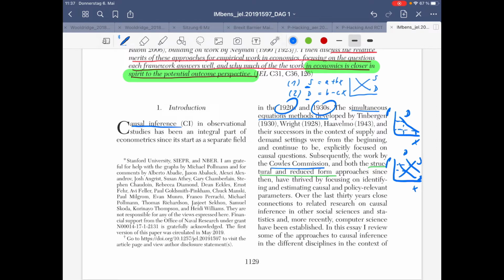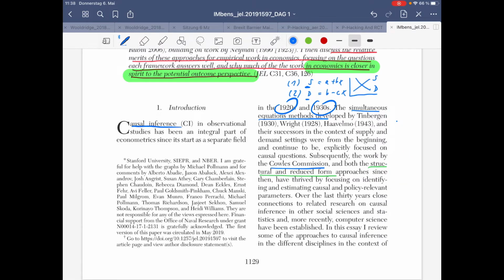And this goes back to the 20s and the 30s of the last century, simultaneous equations methods, the differentiation between if you just look at one curve or if you look at the equilibrium price.